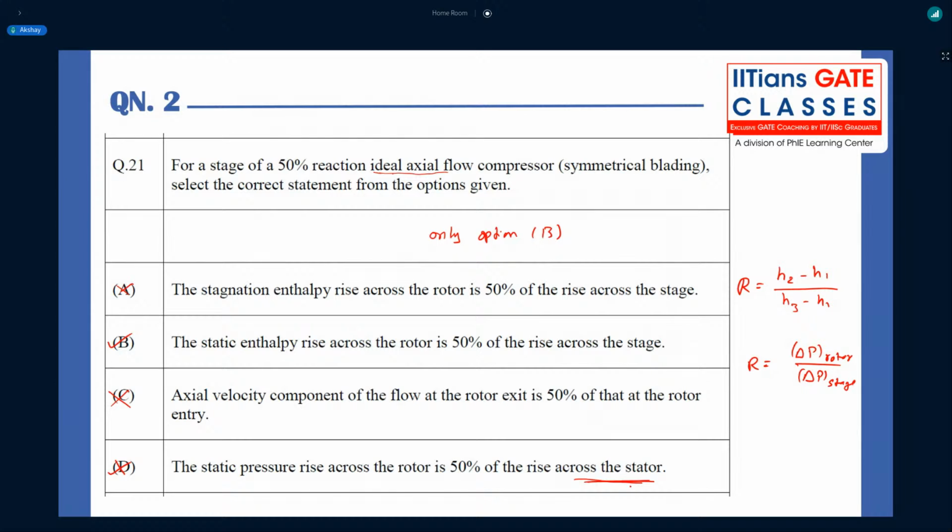It is not mentioned in either way, so this statement is wrong. Whoever mentioned it, they're right. Sorry from my end. Okay, let us move on to the next question.